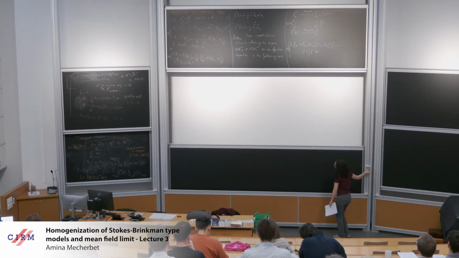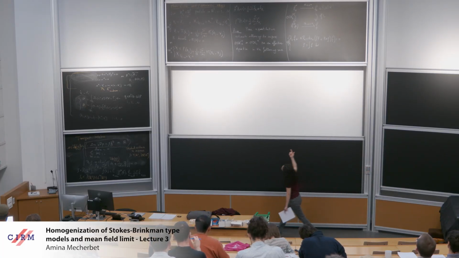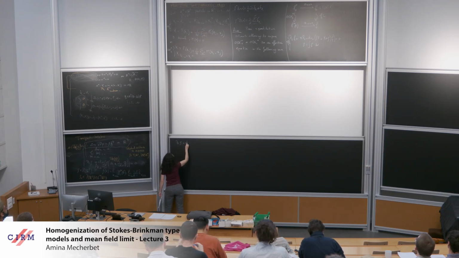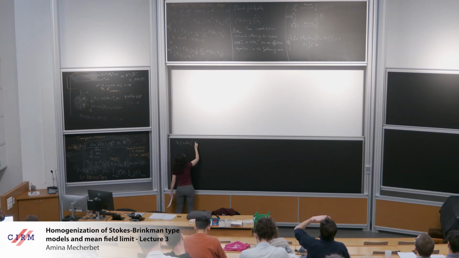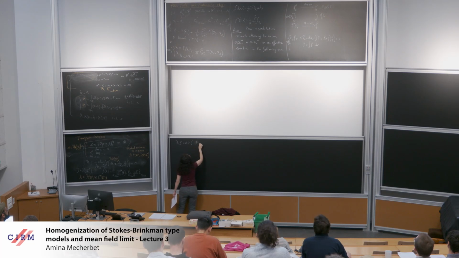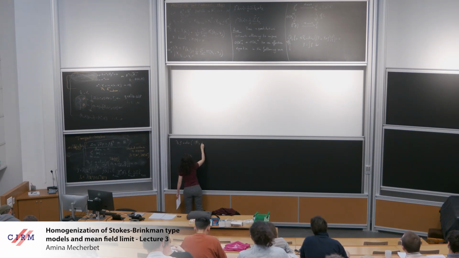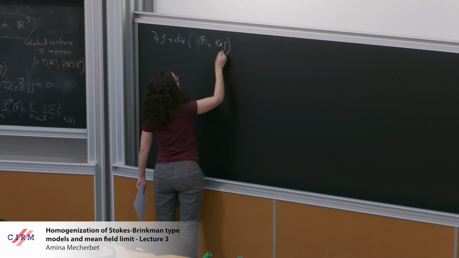So let me write just quickly the similar thing for the other system. So the analogous would be F plus K convoluted with ρ.